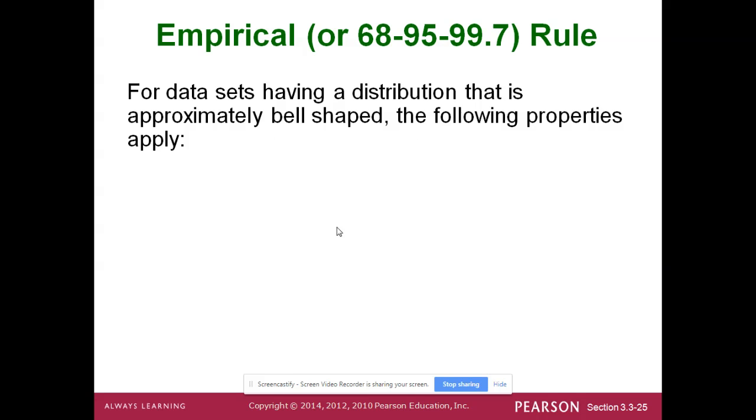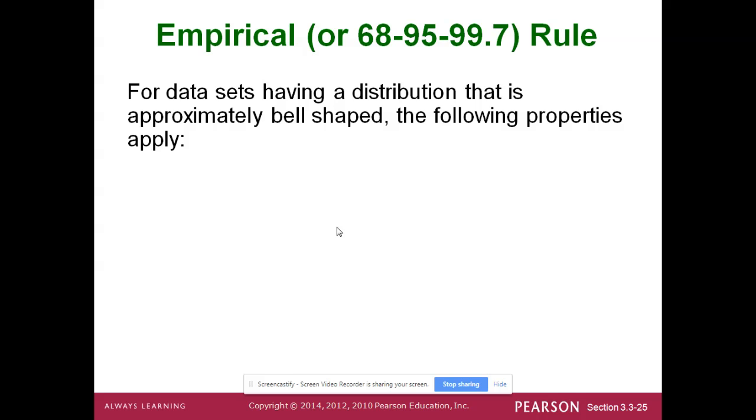This is an important rule, the empirical rule, or the 68, 95, 99.7 rule. If you'll memorize those numbers instead of the name empirical, it'll help you. I call it the empirical rule, and I'll probably still refer to it as the empirical rule, but if you'll remember those numbers, it will help. 68, 95, 99.7.